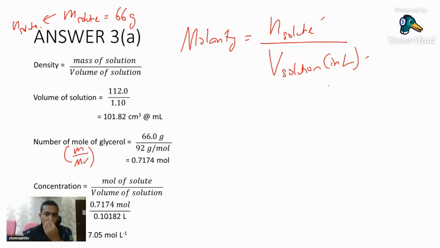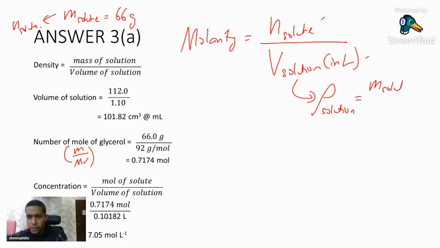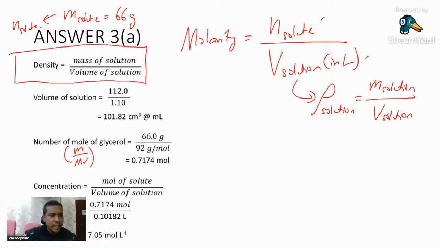Okay, and then how about the volume of solution? The volume of solution we can find from the formula of density. Density of solution is equal to mass of solution divided by volume of solution, which you can see on the first step here. The density given was 1.10.